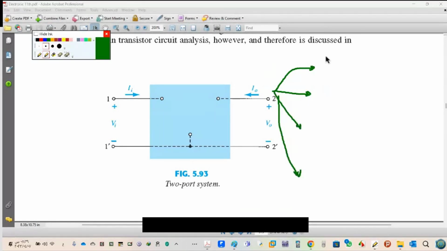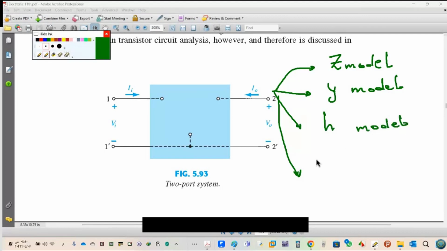First one is the Z model, we have the Y model, we have the hybrid model, and last one, we have the S model. I guess in Circuit 2 you studied these models. The Z model means V as a function of I.